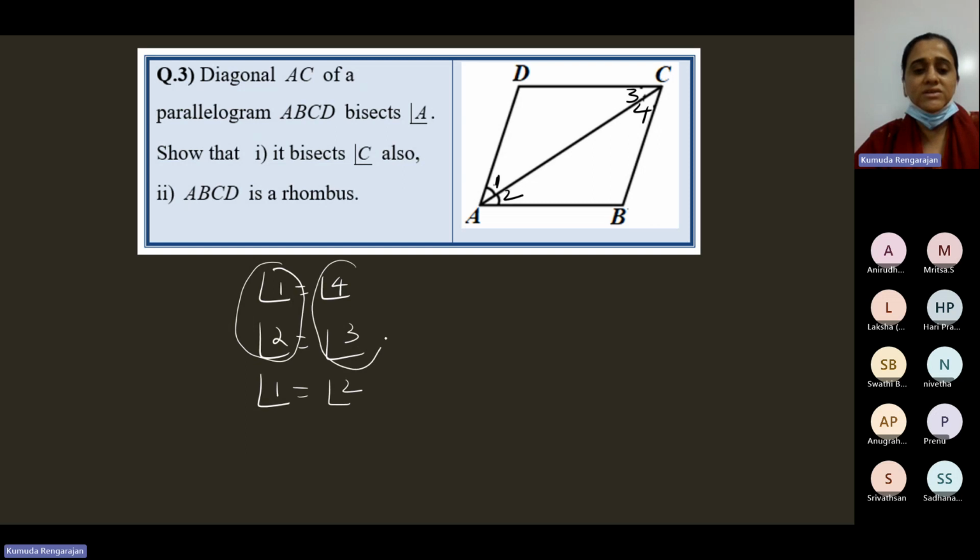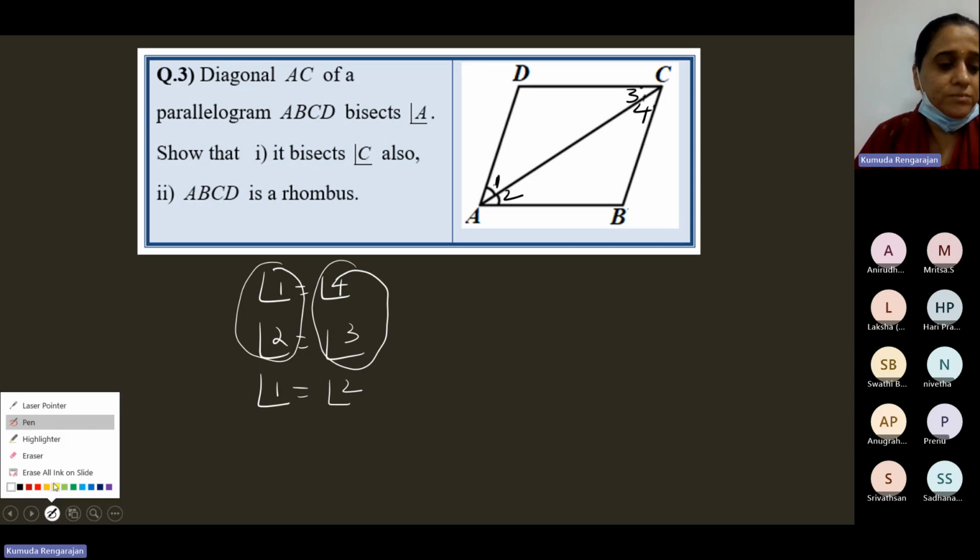That means angle 3 is equal to angle 4. So 3 is equal to 4 means AC bisects angle C. So we proved the first subdivision. It bisects angle C also.